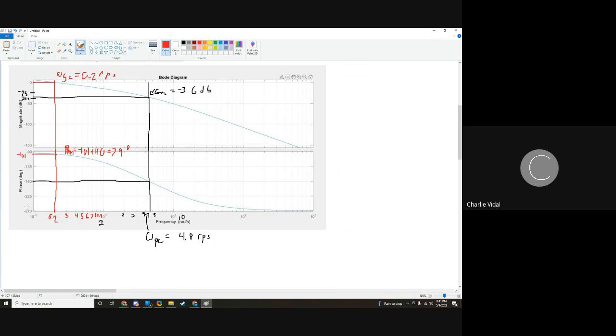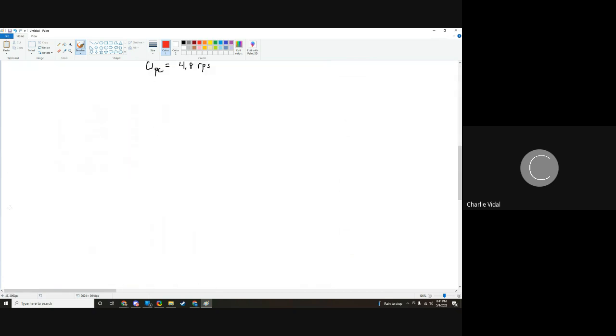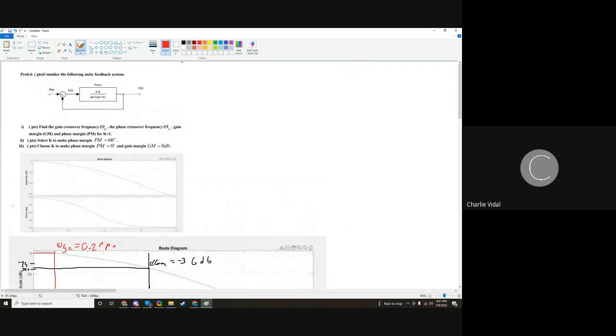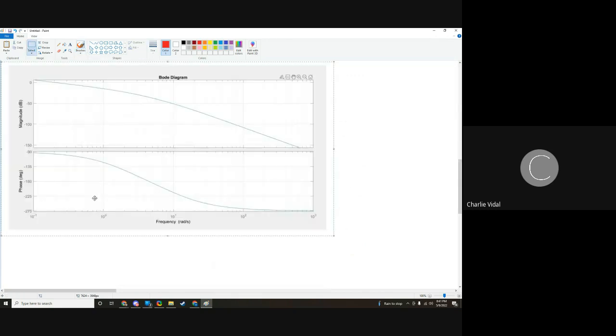The next part of the problem is select K to make phase margin PM equal to 60 degrees. So when phase margin is equal to 60 degrees, just remember, it's not going to be like off this graph at negative 60 degrees.